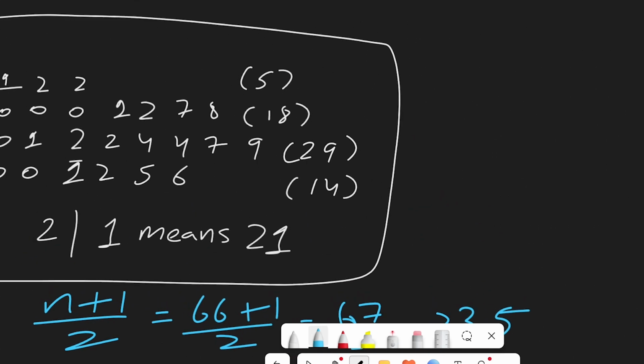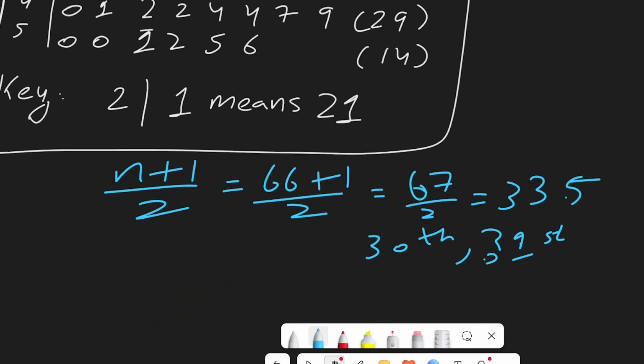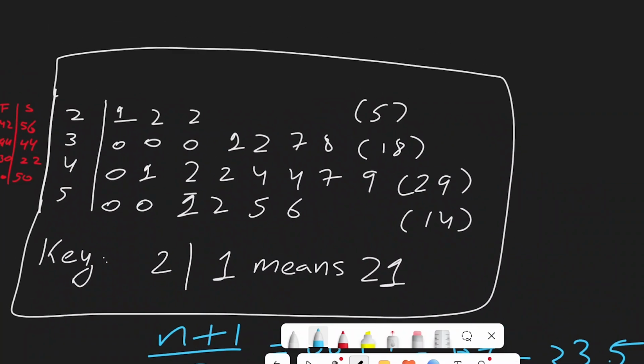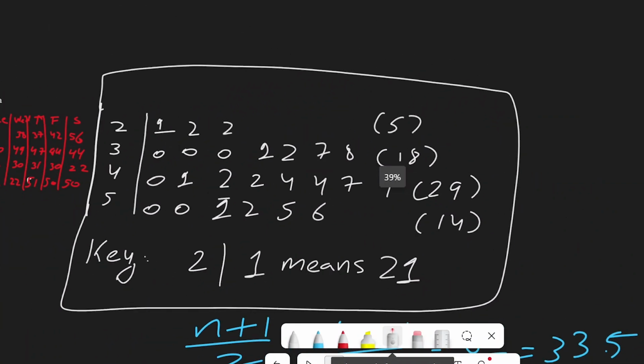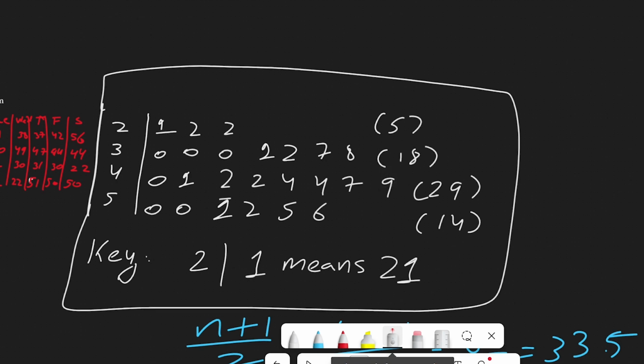Then we have 29, a larger jump, and then we will get 52. So the positions should be in this range. So 18 plus 5 is 23, 24, 25, 26, 27, 28, 29, 30, 31.